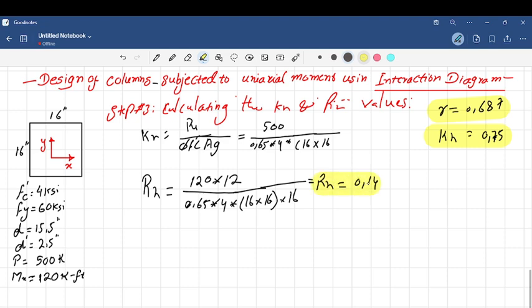So we have determined the three major factors for our steel percentage determination.